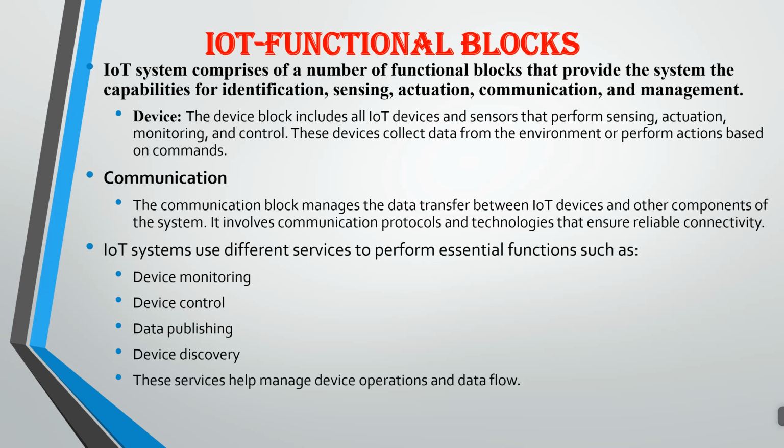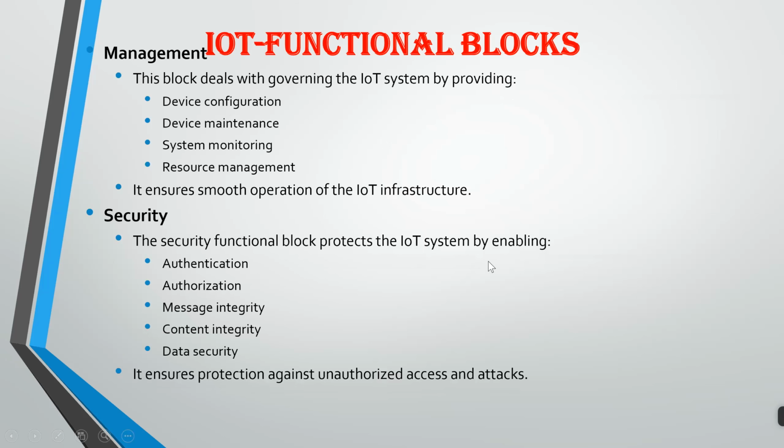So various environmental data could be published by using IoT systems. Even it could be used for device discovery also. So these services help manage device operations and data flow. So these are all the various services we can expect from the IoT. So basically, there are different services.